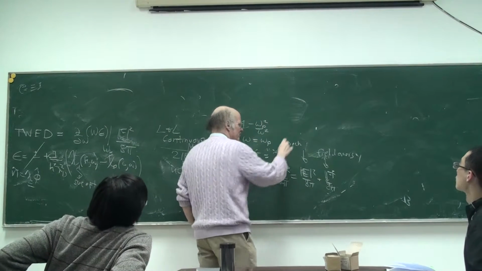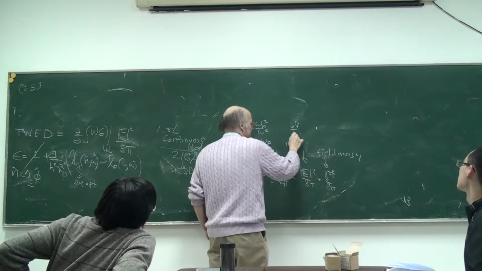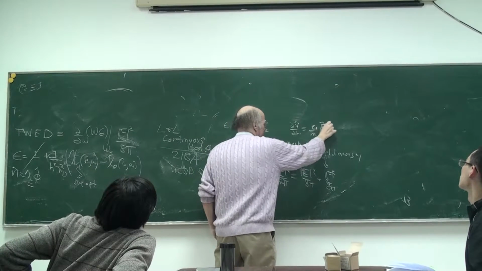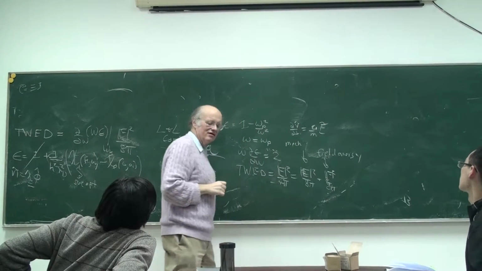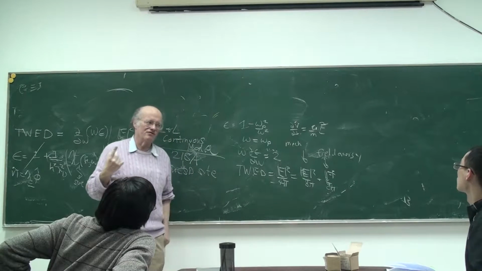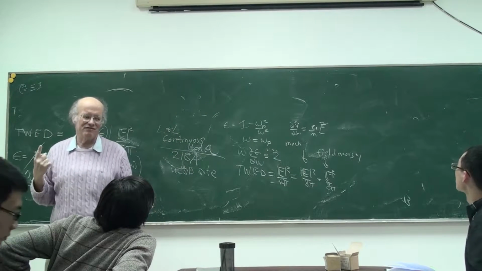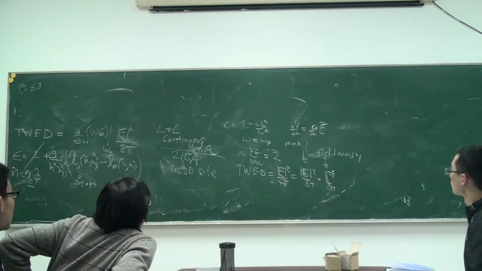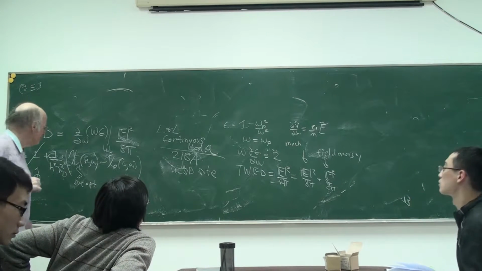Right? And if you just solve dṽ/dt equal to q over m times Ẽ, you can see that. So that factor of 2 has physics in it. Half of it is the field energy and half of it is the mechanical energy of oscillation. All right, so that's the point.